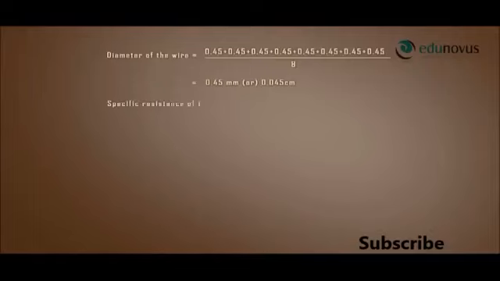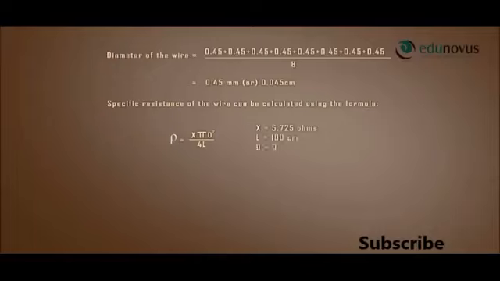Specific resistance of the wire can be calculated using the formula rho is equal to X pi d square divided by 4L. X is equal to 5.725 ohms, L is equal to 100 centimeters, D is equal to 0.045.